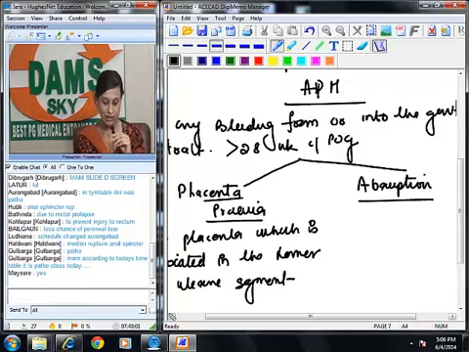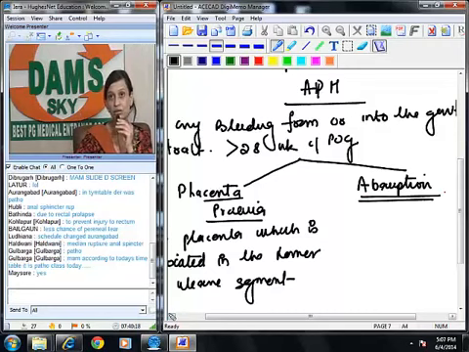And any time if a placenta is located in the lower uterine segment, it has higher tendency to bleed. So even if the os opens up a little, the placenta will begin to bleed, right? And therefore it presents as antepartum hemorrhage.